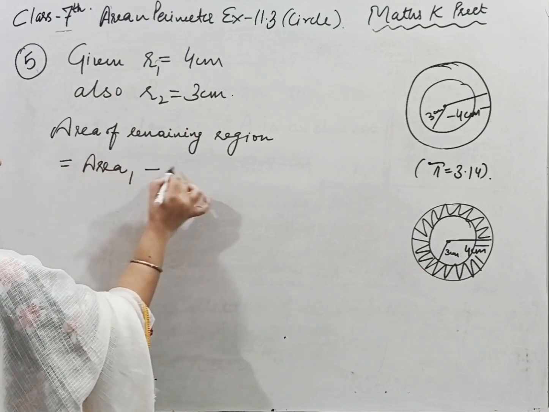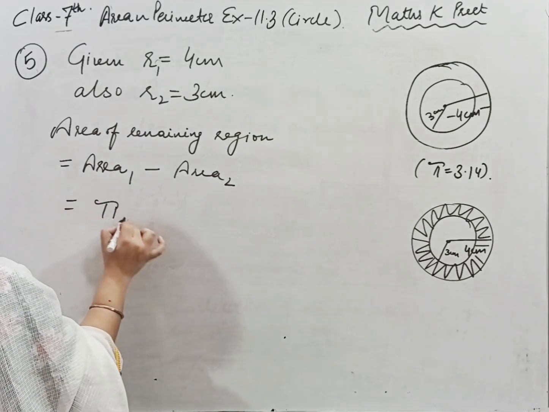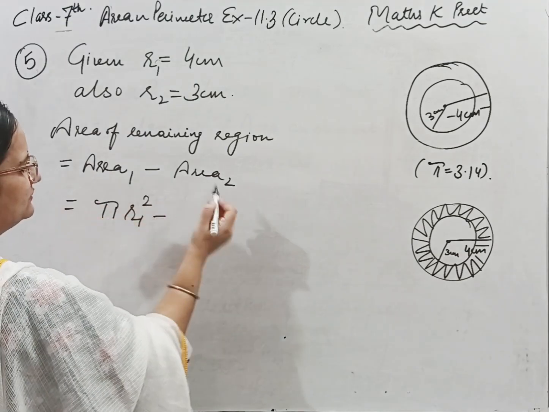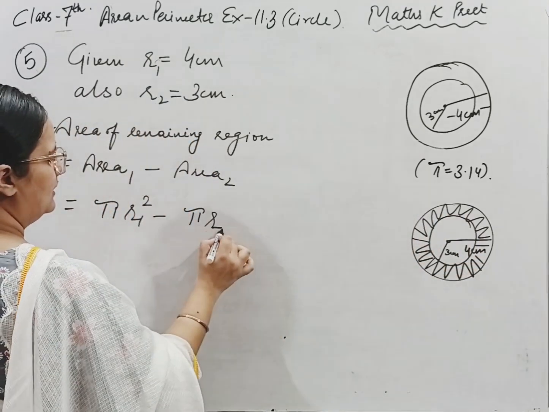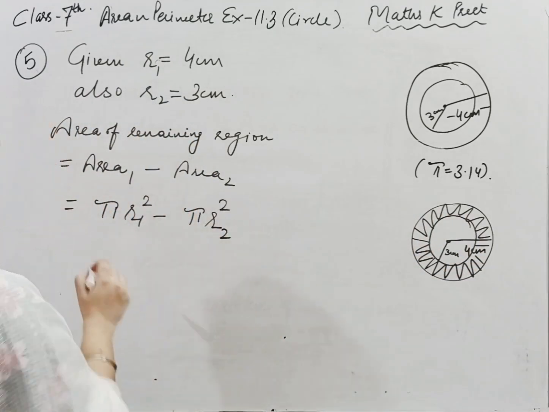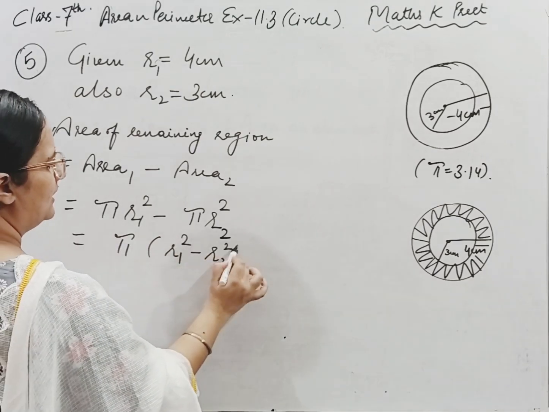Area 1 minus area 2. So what is my area 1? Pi r1 square minus what is my area 2 for the second circle? Pi r2 square. So I'll take this pi out. I'm left with r1 square minus r2 square.